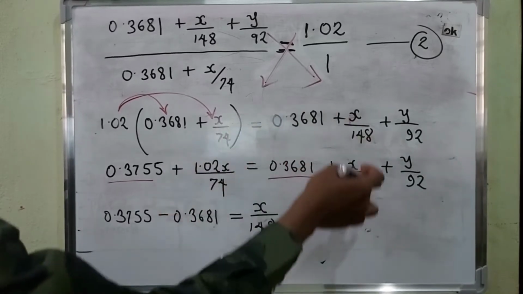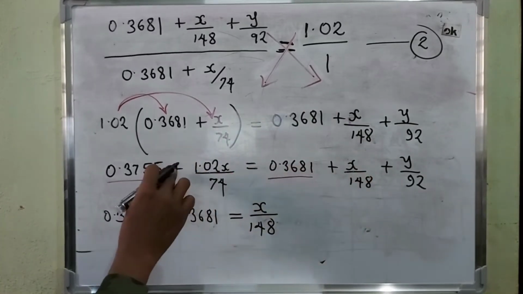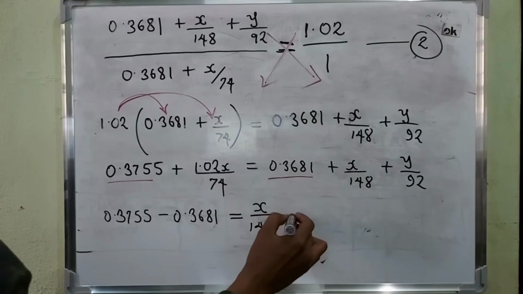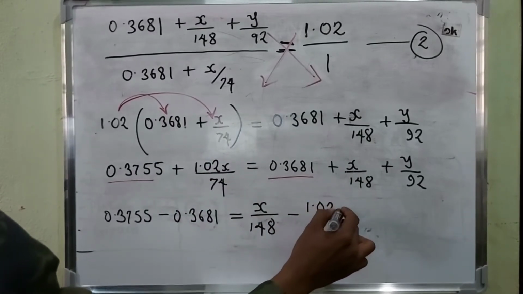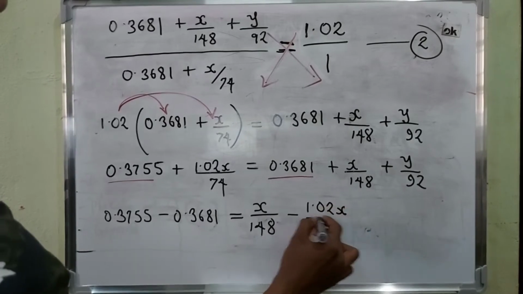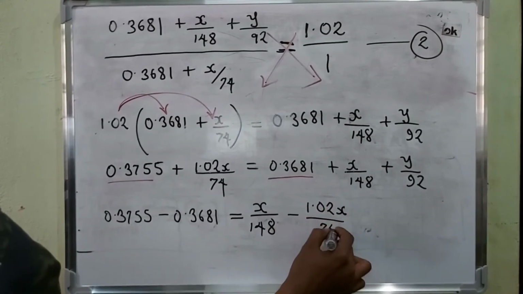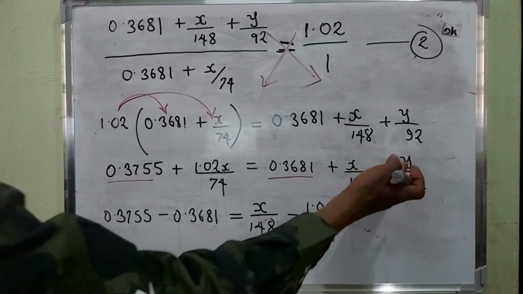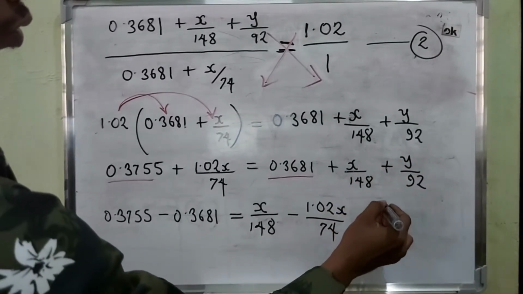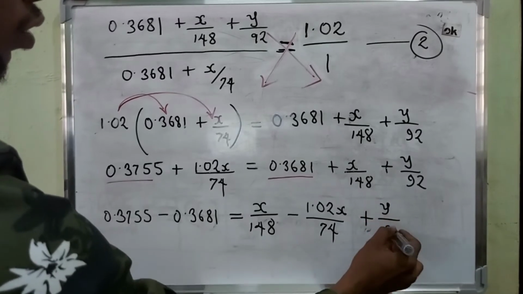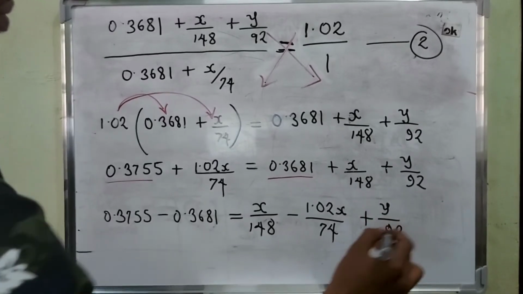So this crosses over to the other side to change to minus. So I have minus 1.02x over 74. Then we have just this one that's left, plus y over 92.